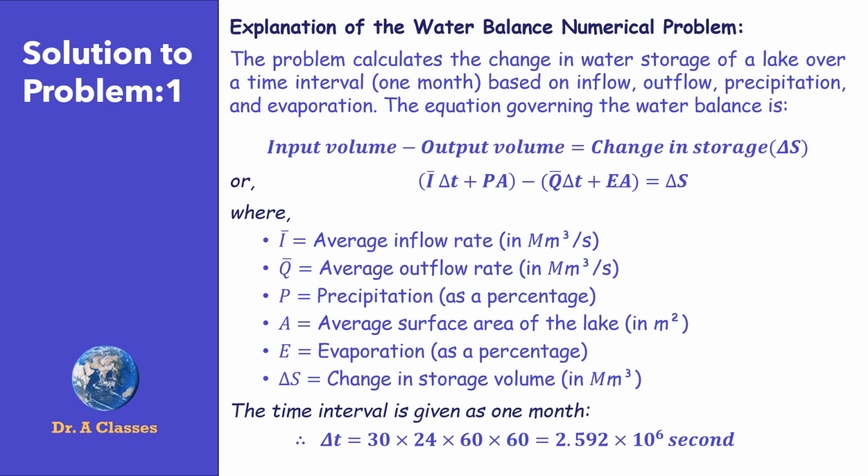The time interval is given as 1 month, so delta T is equal to 30 into 24 into 60 into 60 is equal to 2.592 into 10 to the power 6 seconds.